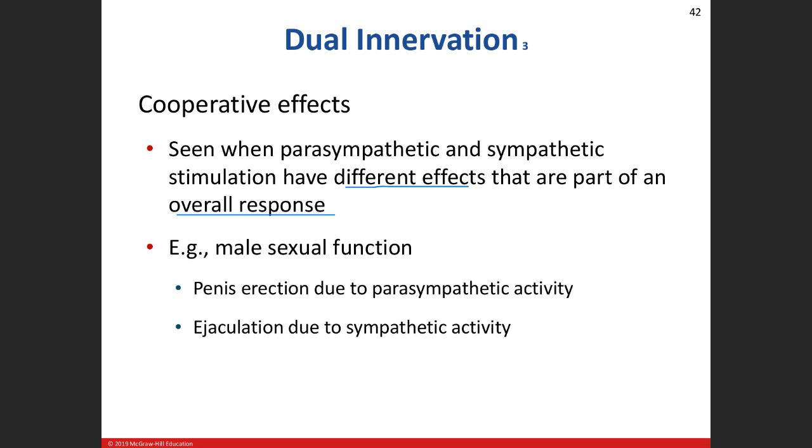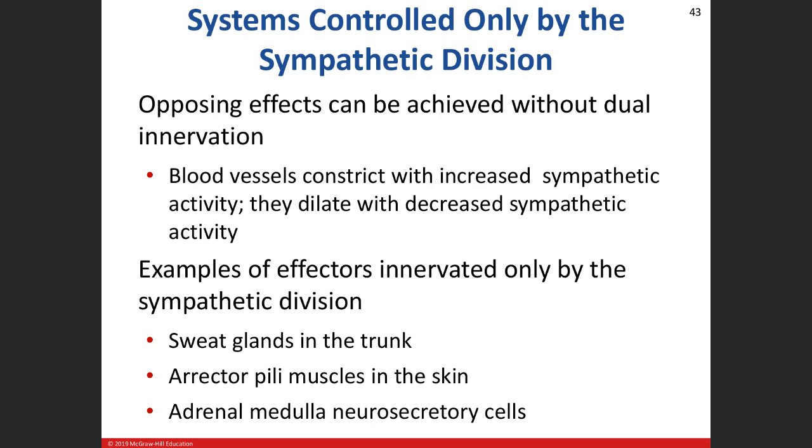Okay, I want to jump back. We talked about dual innervation, but you can still have opposite effects involving only one division of the autonomic nervous system. We're going to talk specifically about the sympathetic division. For opposing effects in the sympathetic division, you don't need dual innervation, which goes back to blood vessel diameter, that vasomotor control.